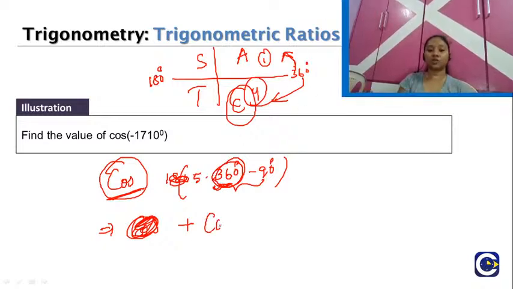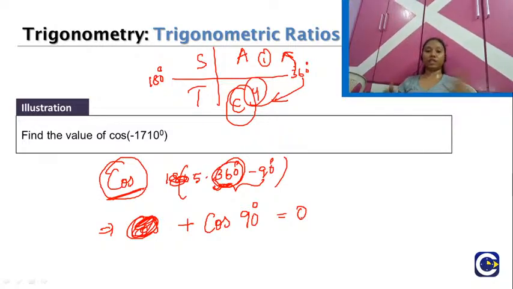The cos function remains as it is and theta is 90 degrees, so plus cos 90, which is equal to 0. So now you might have understood the relation between our quadrant system as well as our usage of specific values.